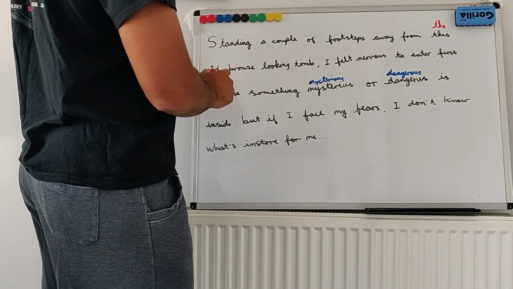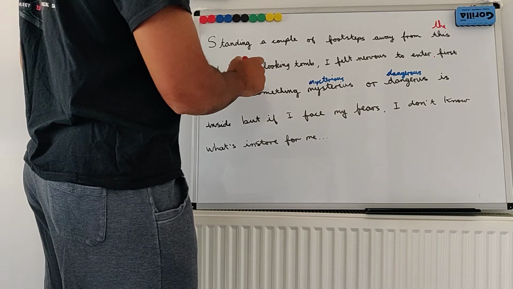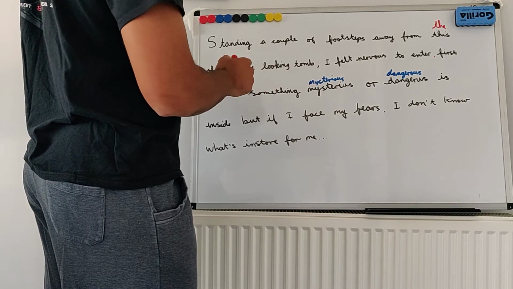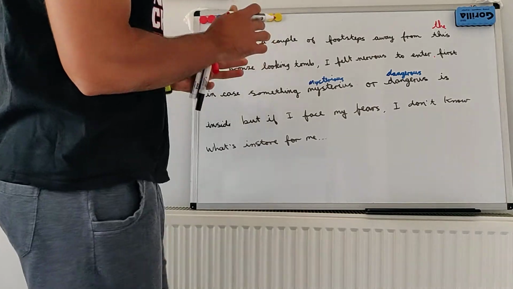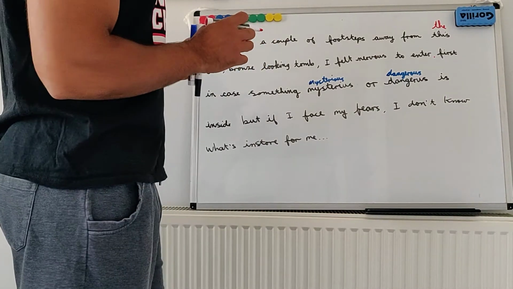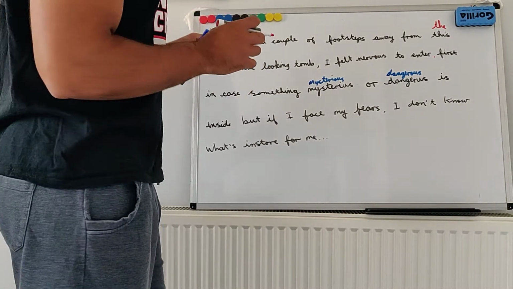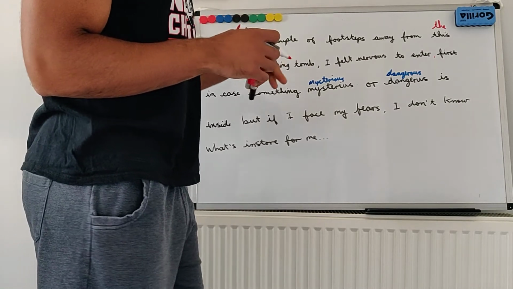Okay, now we need to have this little bit here that we have obviously cut off. So, to enter first, in case something mysterious or dangerous is inside. Now that we cut that, this is when the tricky part begins. So, standing a couple of footsteps away from this old bronze looking tomb, I felt nervous to enter.